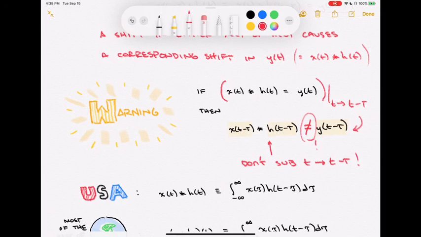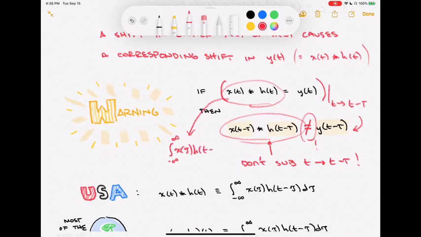The answer to this mystery is that this is a shorthand notation. What is the shorthand notation? x(t) convolved with h(t) is really the integral from minus infinity to infinity of x(tau) h(t minus tau) d tau. Now, if I want to substitute t going to t minus T, and I look at what that convolution actually is, there's only a single t to do it.